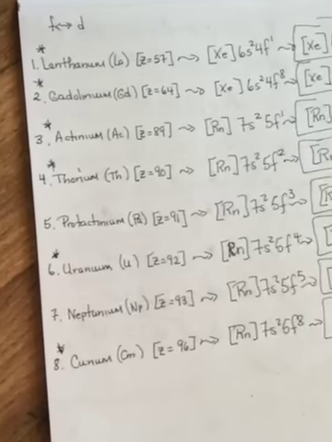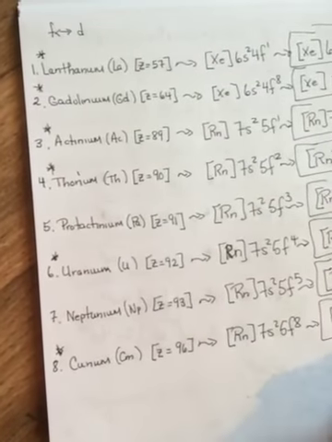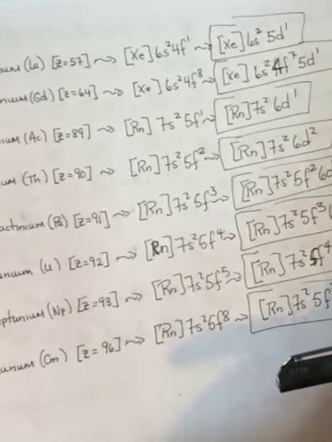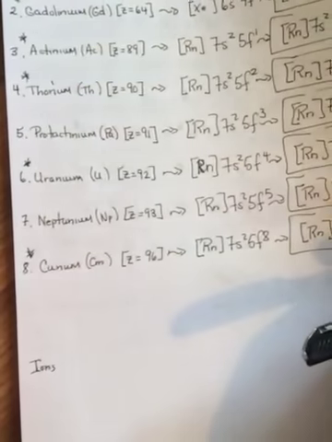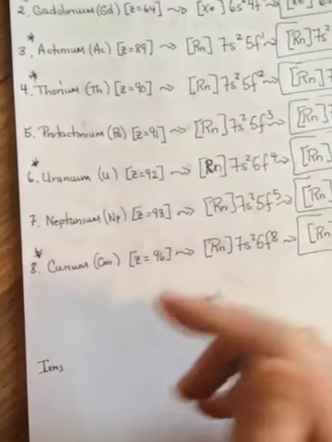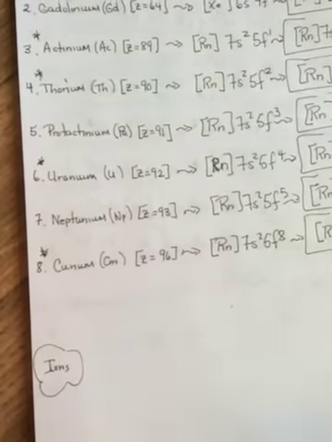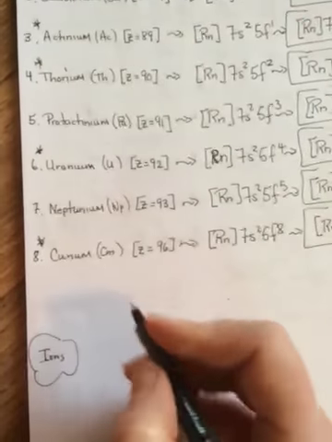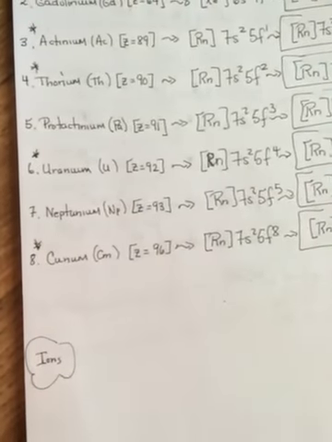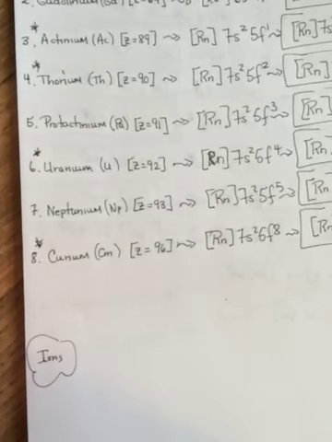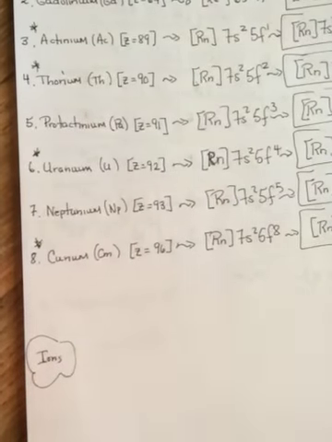Now, one other neat little thing: this whole idea that subshells are more stable when they're full or half full explains a lot about how come some ions are more stable than others. For example, manganese, which is 25.